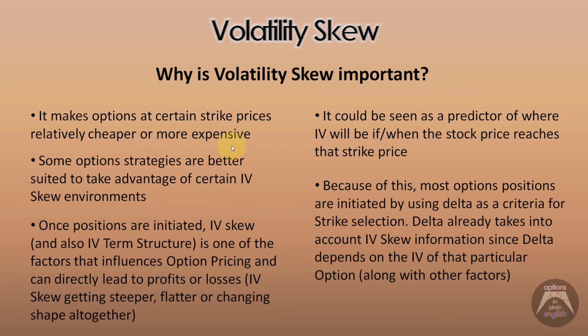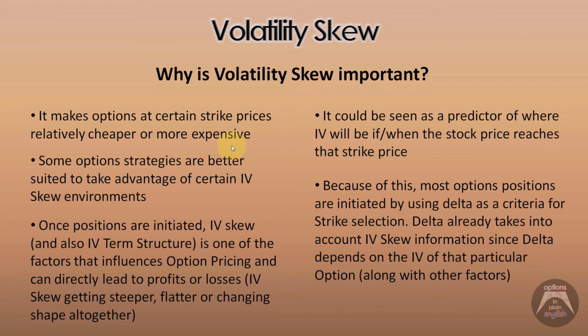Because of this, most options positions are initiated by using delta as a criteria for strike selection. Delta already takes into account the IV skew information, since delta depends on the IV of that particular option, along with other factors. So this is the most important thing for us at this point.